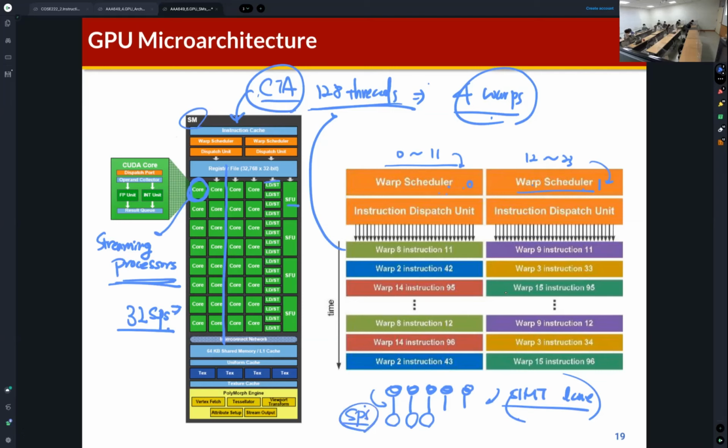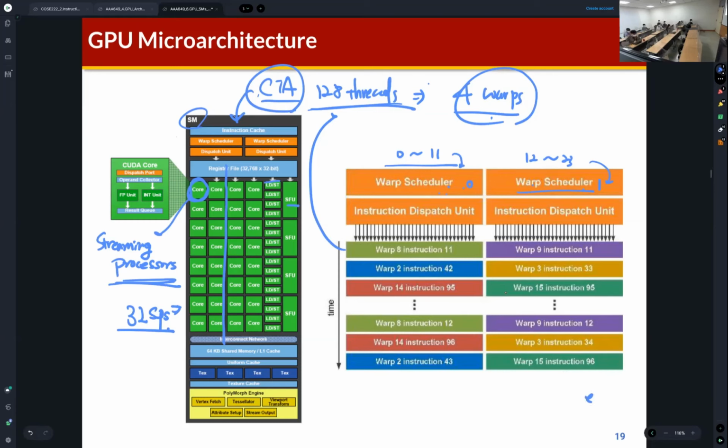Which means that if we look inside the warp, we can write the thread numbers. This is the warp. And up here, this is thread number 0, thread number 1, thread number 2, and then thread number 31. There are 32 threads.